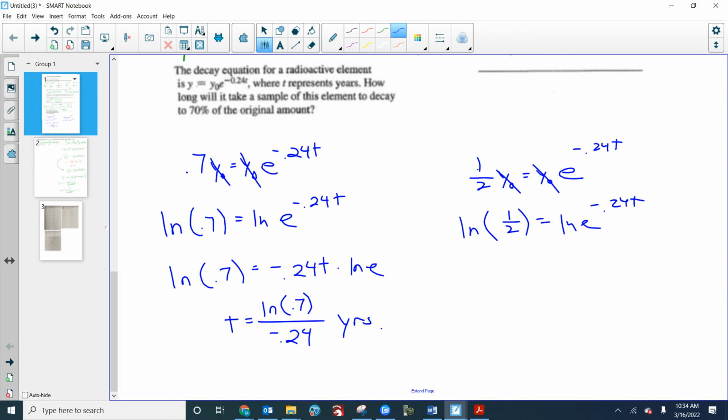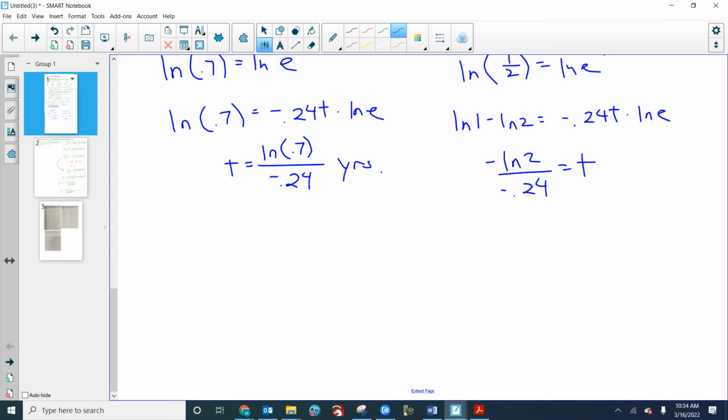Remember, this is ln 1 minus ln 2. ln 1 is 0 minus ln 2. So negative ln 2 over negative 0.24. T is ln 2 over 0.24.